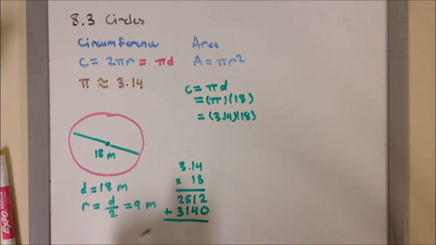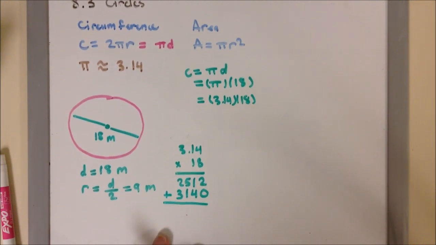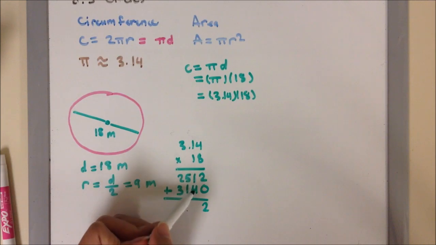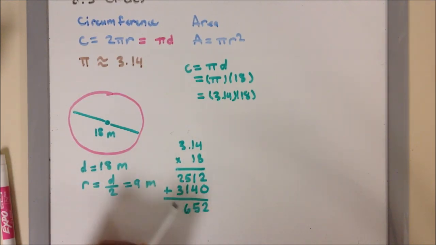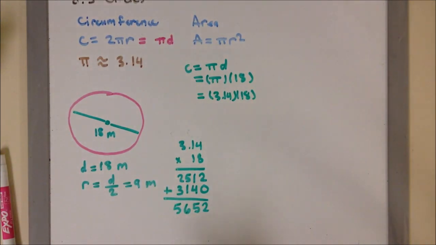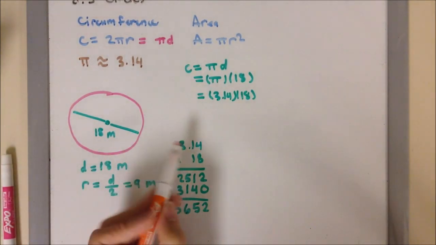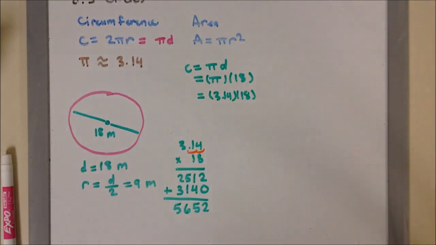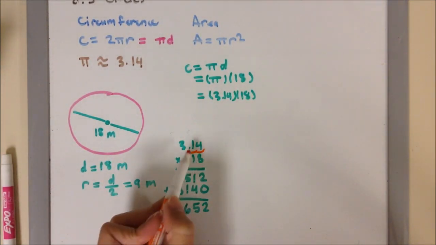Alright, I'm going to add up my numbers. So, 2 and 0, that's going to be 2. 1 and 4, that's going to be 5. 5 and 1, that's going to be 6. 2 and 3, that's going to be 5. Alright. Now remember, since I multiply where one of the numbers is a decimal, I'm going to look at the original. 1, 2 decimal places. So here it's 0 decimal places, 2 decimal places.